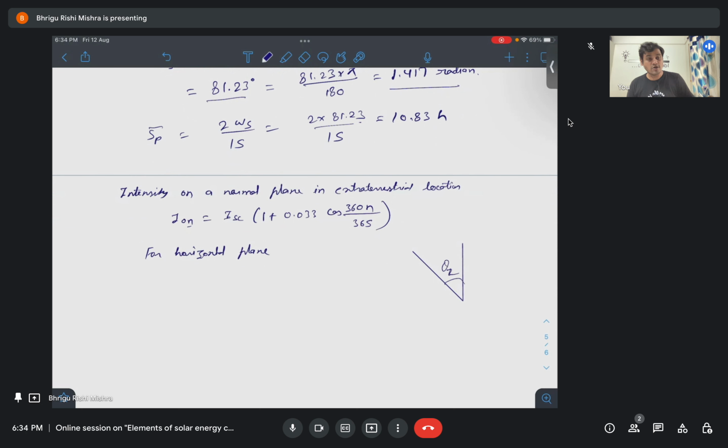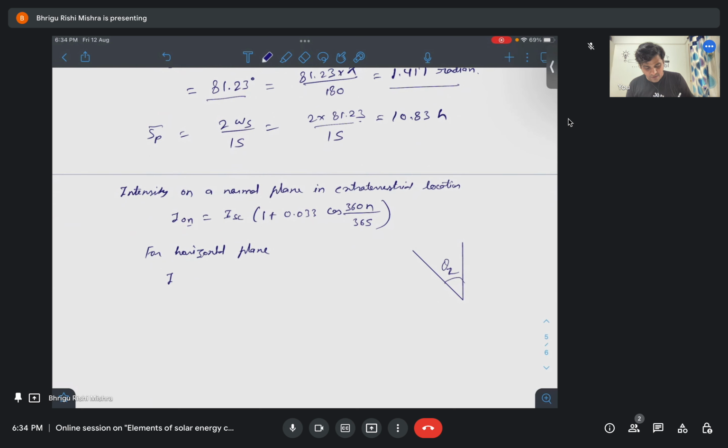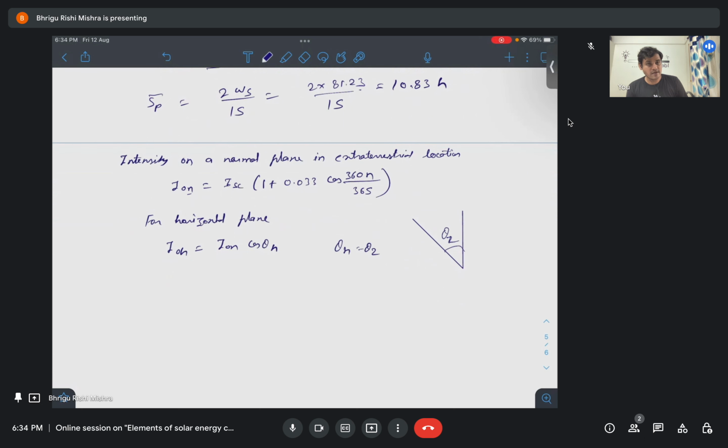So the horizontal component I OH is nothing but I ON into cos theta h, and here theta h is theta z. We have already noted down the formula for cos theta h or cos theta z.